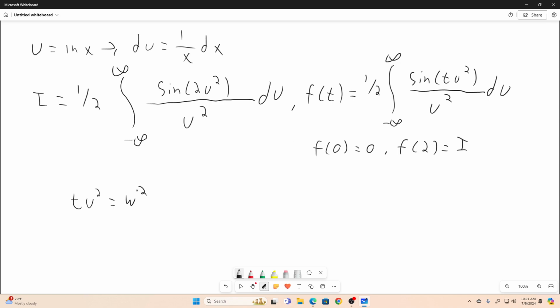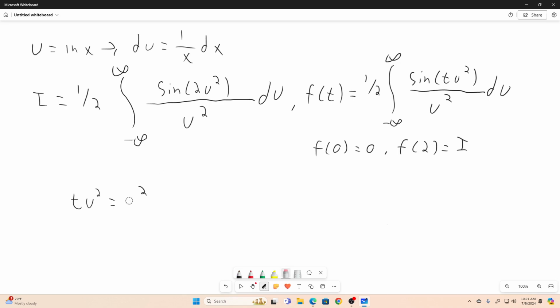Because if we let u equal negative infinity, we'll get infinity, which means that our lower bound would also be infinity. This is just the motivation for our substitution, because I would like there to just be a, well, actually, I jumped the gun again.